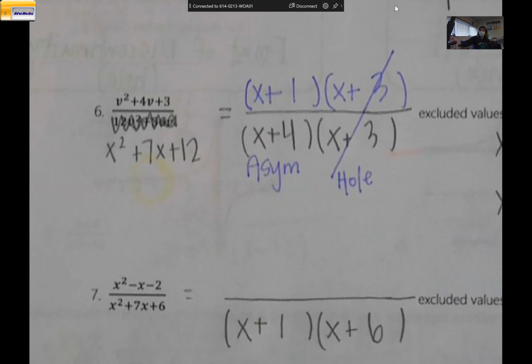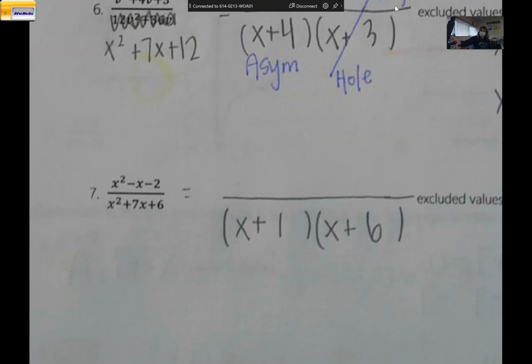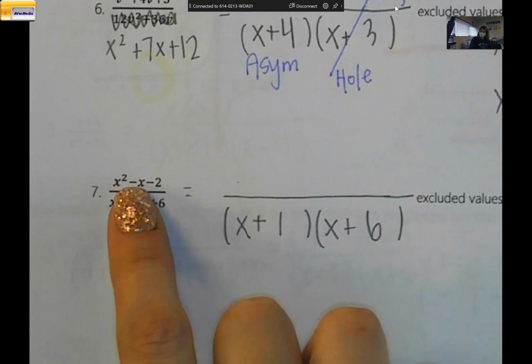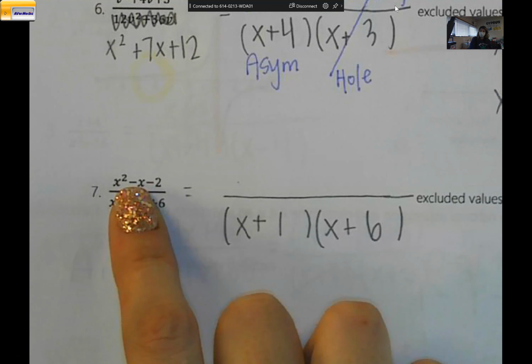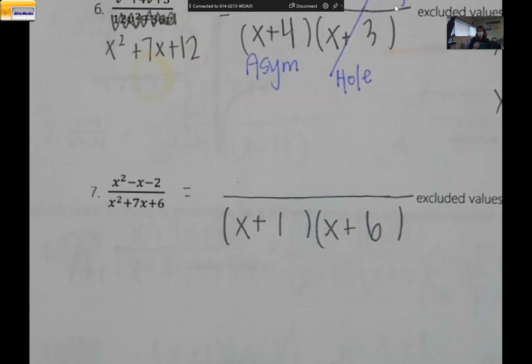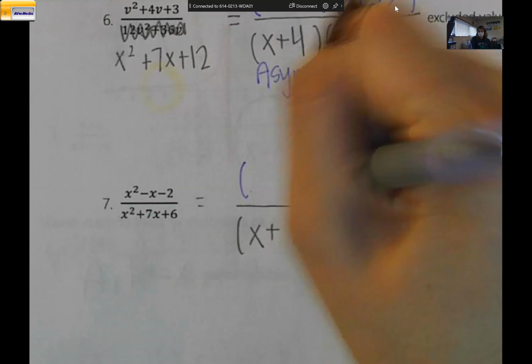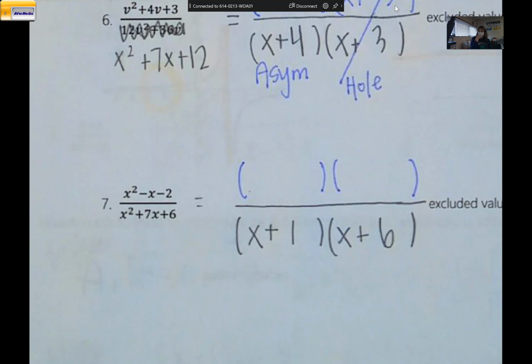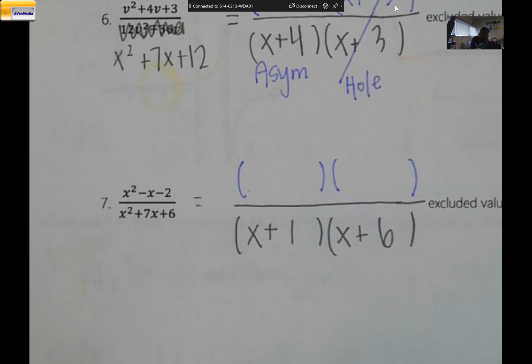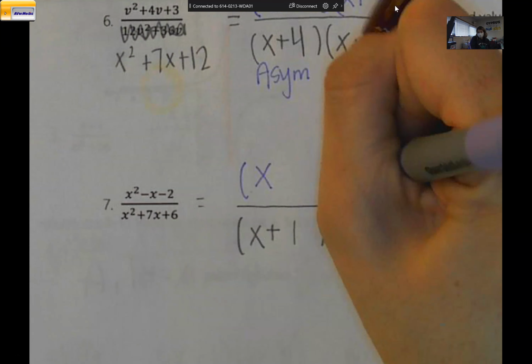Okay, you got one more. So you got to factor this top guy. You got to do it in your head or plug him into Desmos and figure out what he factors to. Hugo, did you get them?